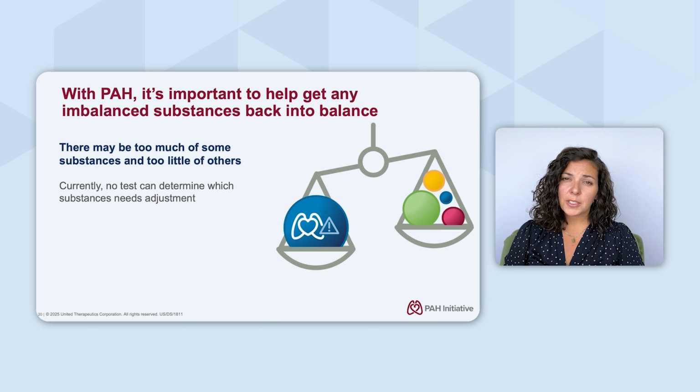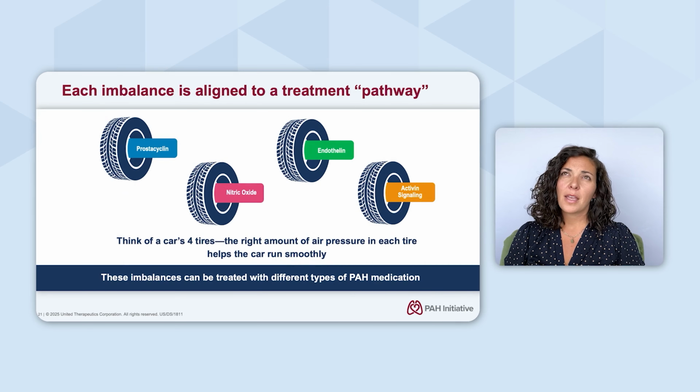So while there's currently no direct test to know which of these substrates do I have too much or too little of, we do believe as specialists that everybody living with PAH has some imbalance of these substrates. I like to think of this imbalance sort of like the alignment in a treatment pathway, like tires on a car.